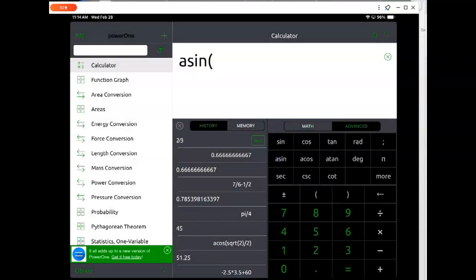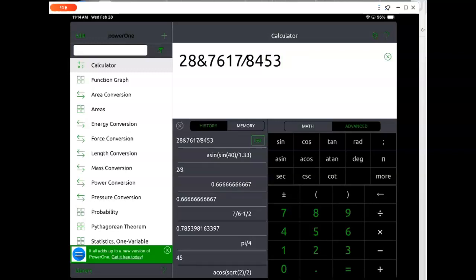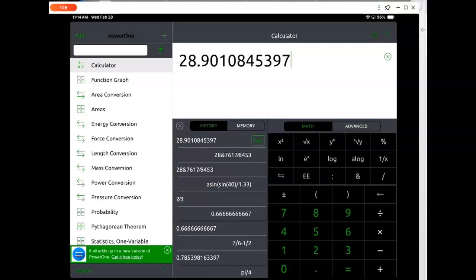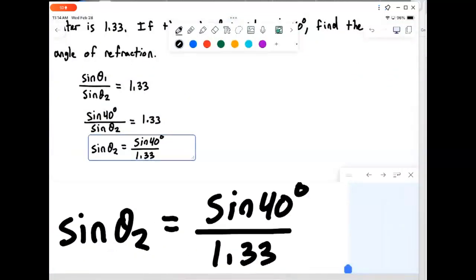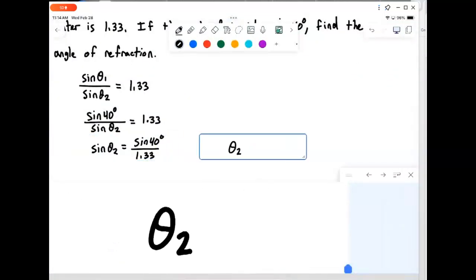We just do the inverse sine of the sine of 40 divided by 1.33. And that gives me a long decimal, 28.9, let's say, rounding off.